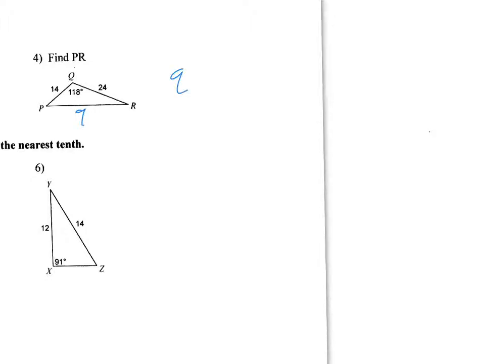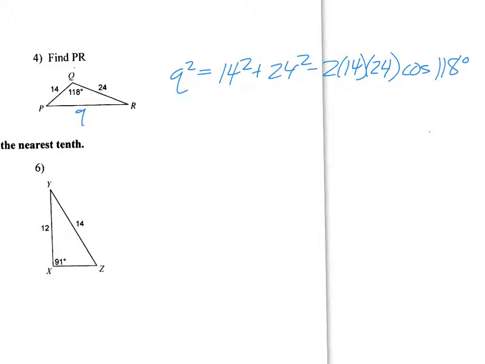So it's q squared equals, again, the other sides don't matter, 14 squared plus 24 squared minus 2 times 14 times 24 cosine of 118. What you need to remember is whatever side goes here, its angle is on the other end of the equation. So 118, I'm looking for side PR, which I labeled as little q. So again, we're going to work this out.